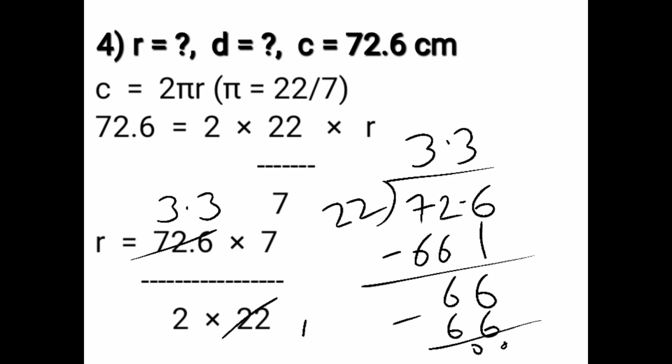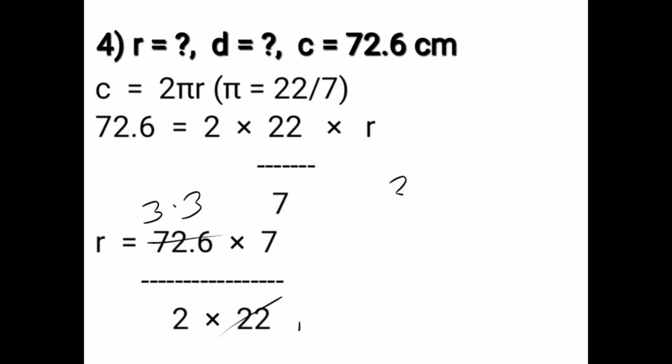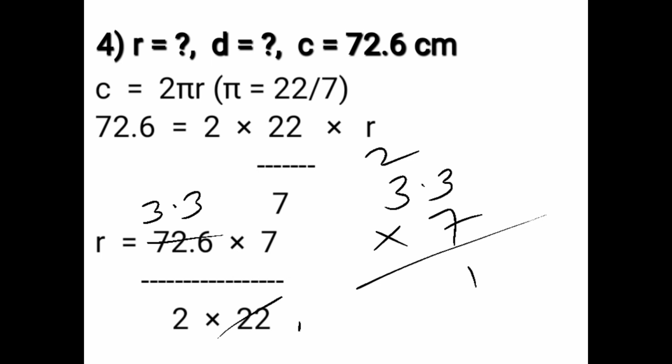Now multiply 3.3 into 7. 7 threes are 21, 7 threes are 21 plus 2, 23. Okay. Here the decimal point is there.